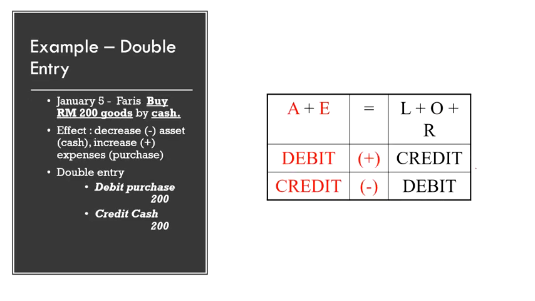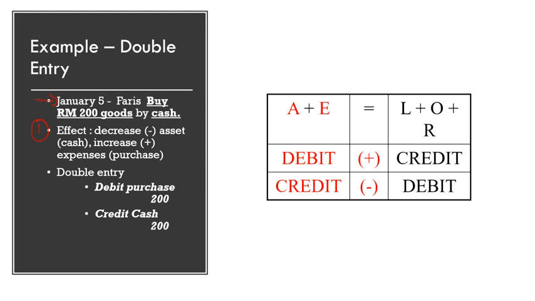Okay, so now let's go to the next slide. Example of double entry. For example, if you see here, 5th of January, this is the transaction. 5th January, Faris buy 200 ringgit goods by cash. So by referring to this transaction, you must identify the effect first. What is the effect?